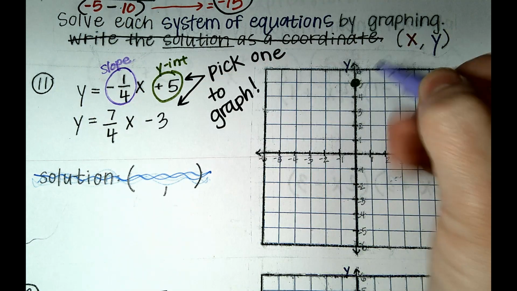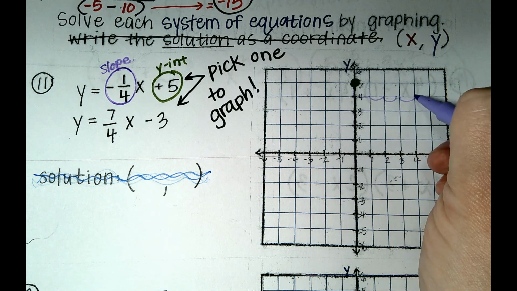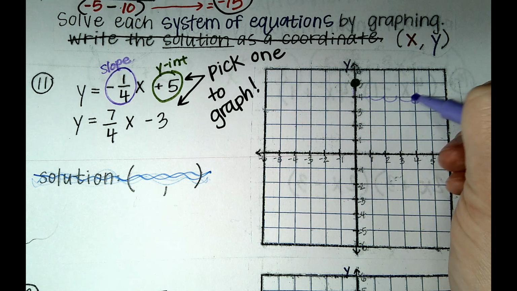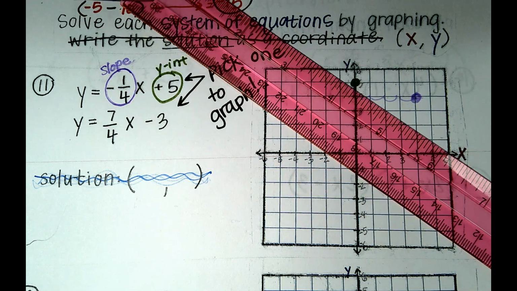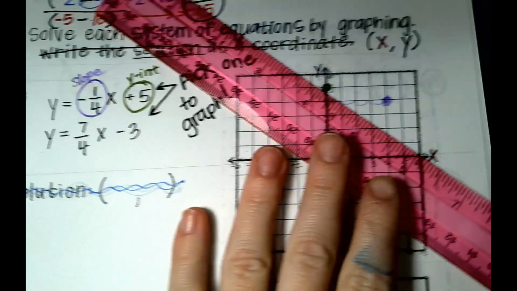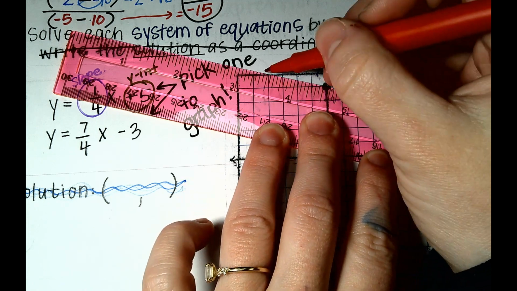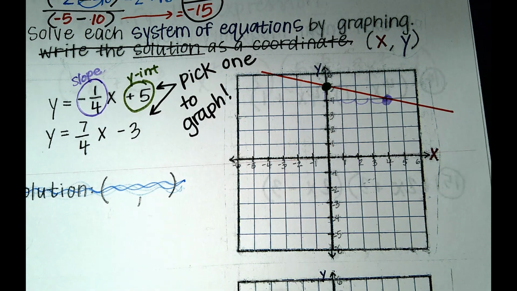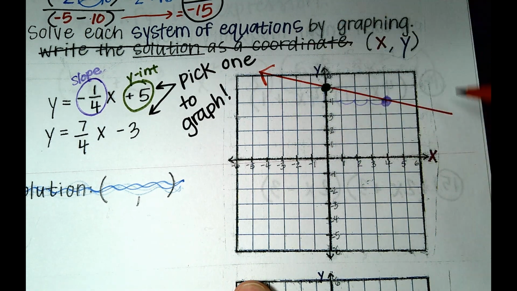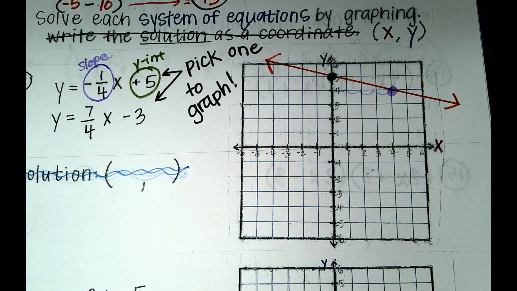So down 1 over 1, 2, 3, 4. There's my second point. And what would I do from there? Connect the dots. That's it. Okay. So there is that one.